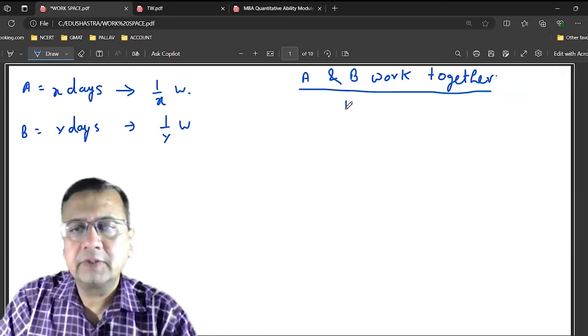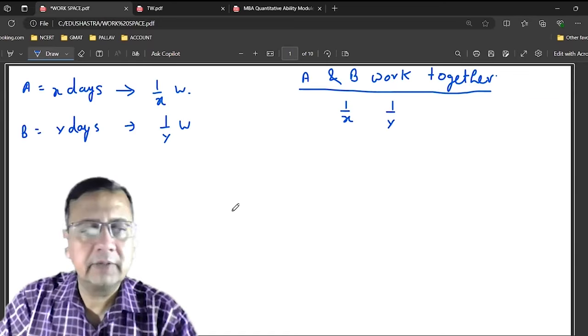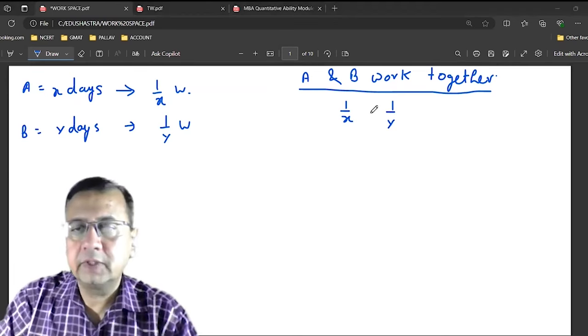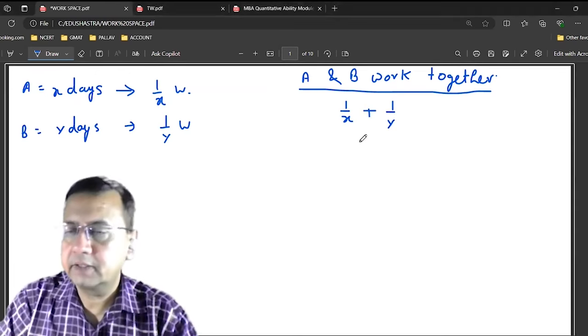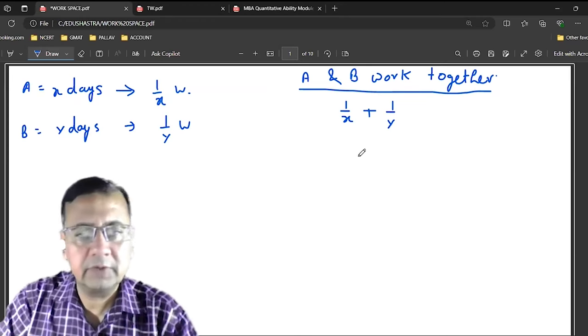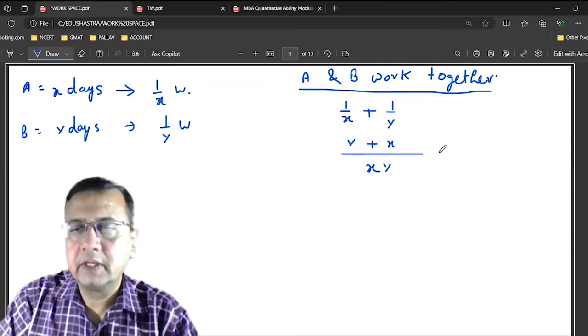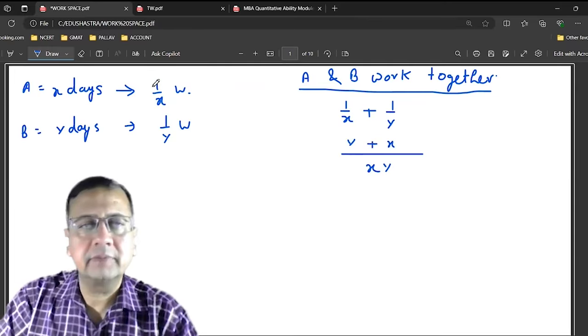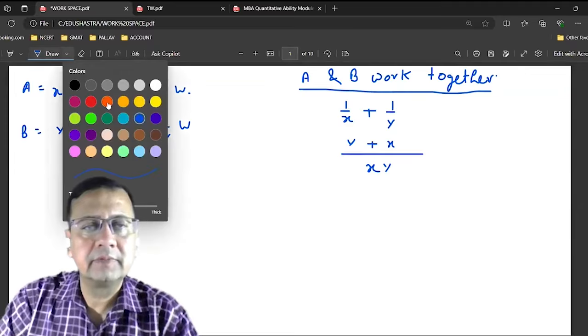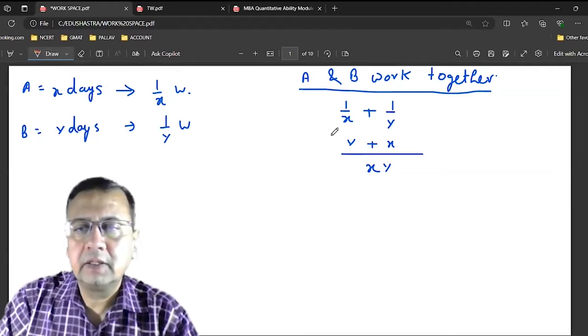So A is doing how much? 1 by X. B is doing how much? 1 by Y. Right. And they are working together. We are adding the amount of work done by both of them, taking the LCM of X and Y. This is Y, this is X. Right. So we are getting this term.